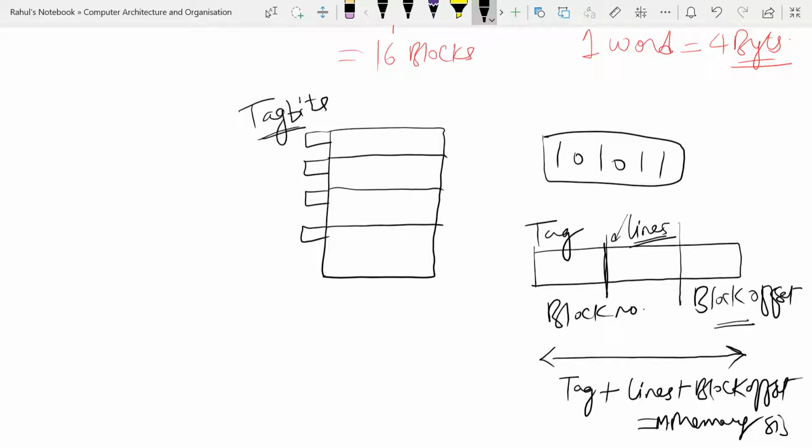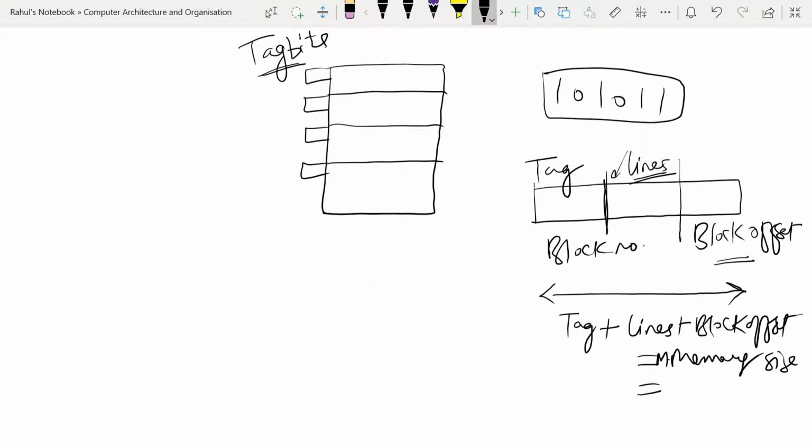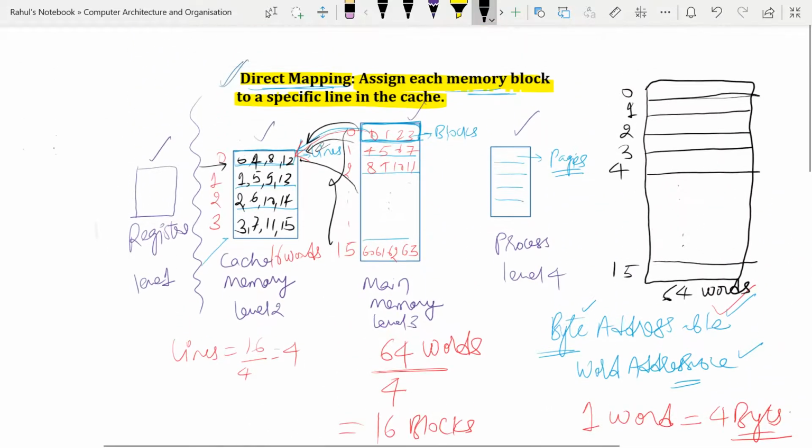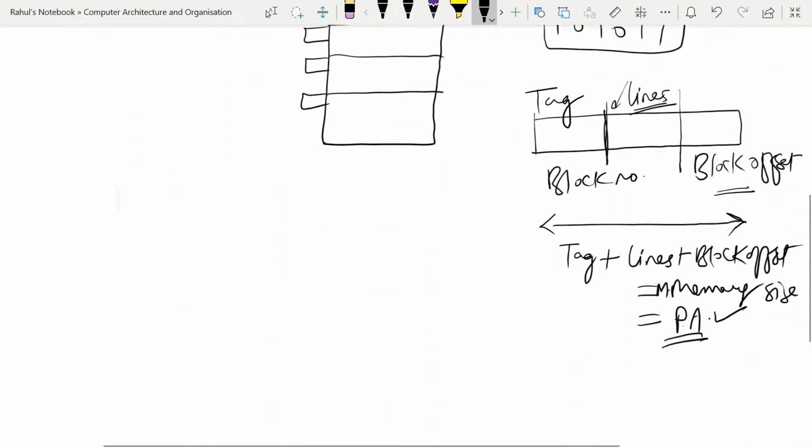It means you can also say it is the total bits represented by our physical addressing. Okay, so basically our concern is the main problem asked in questions, how questions can be asked from direct mapping, right? So for that you have to understand it like that.